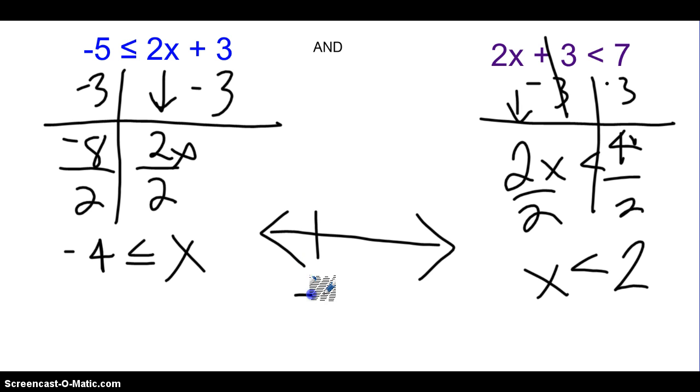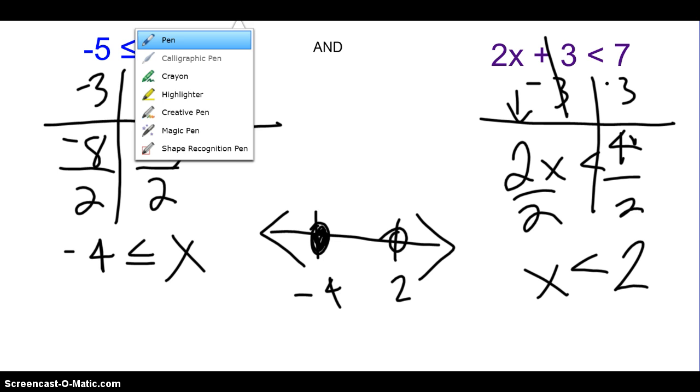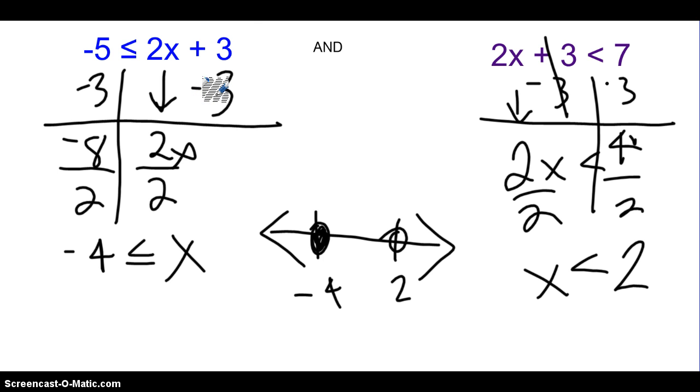So the two numbers I see, negative 4 and 2, I put a circle on each, I close one of them in, which one? Exactly, the negative 4. Alright, now this says x is bigger. Be careful because the x is on the bigger than side. So it looks something like this. The x is bigger goes this way.